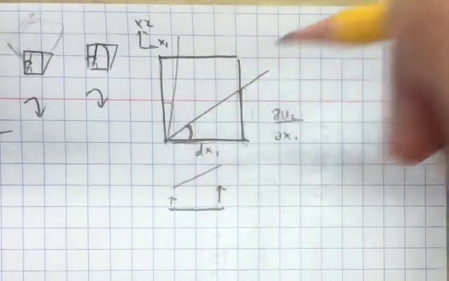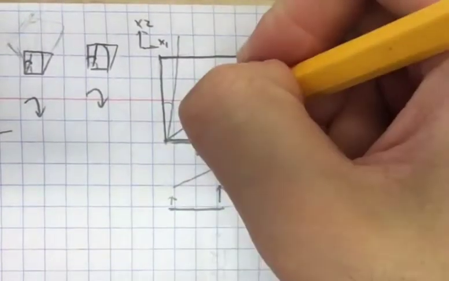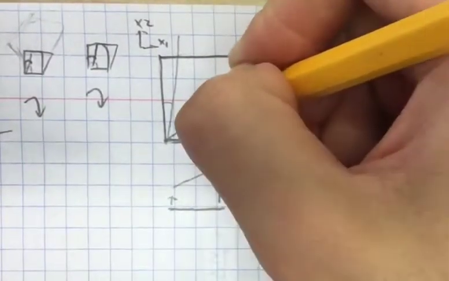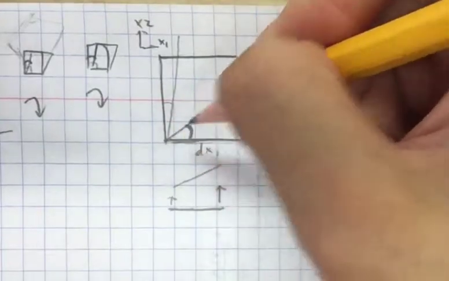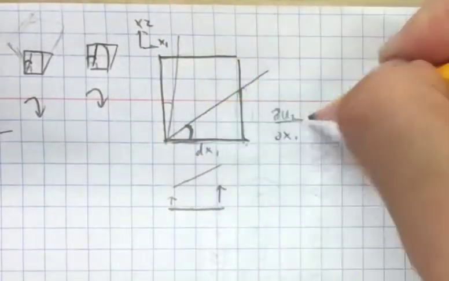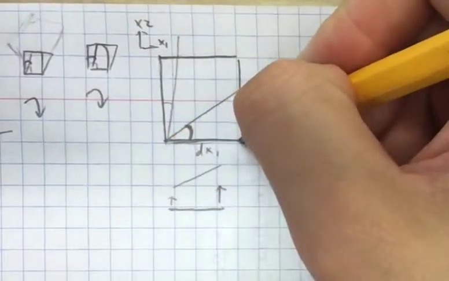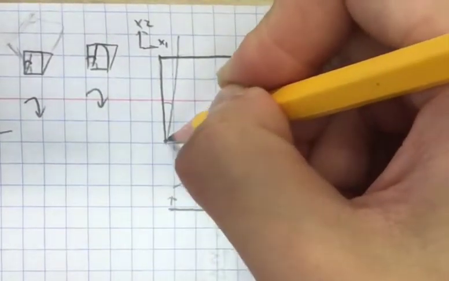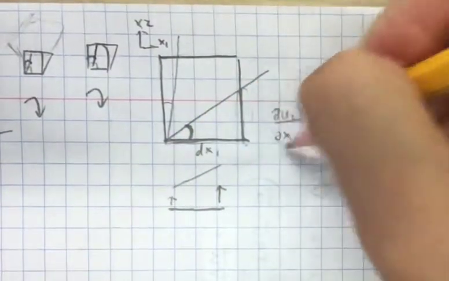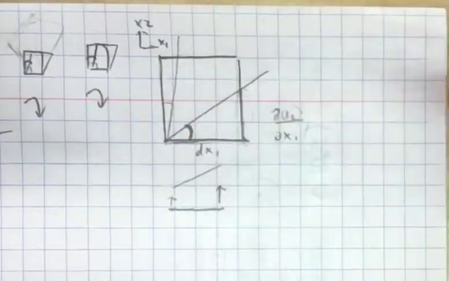And since the angle is very small, we can argue that the tangent of this angle is just the angle itself. So actually, this angle is this thing times dx1 to get this length, divided by dx1, and we get back this angle alpha.